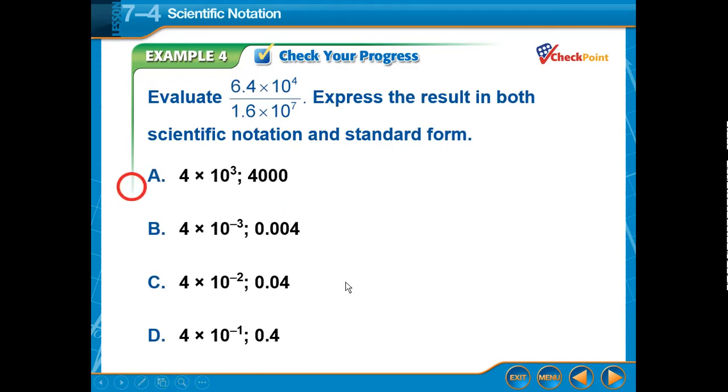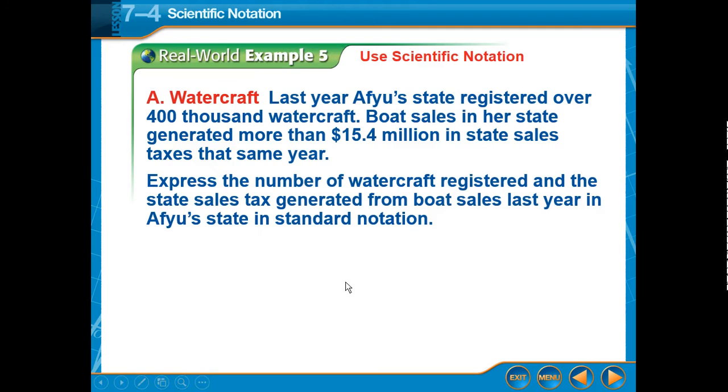Okay, you guys try it. Okay, so we want to just be able to recognize it in word problems and stuff like that. So last year, Fuyus state registered over 400,000 watercraft. So if we were to write 400,000 like that.